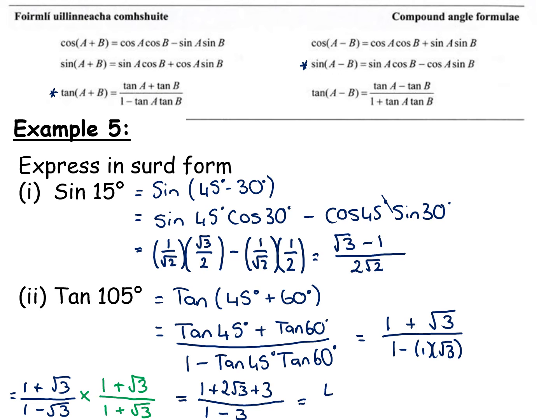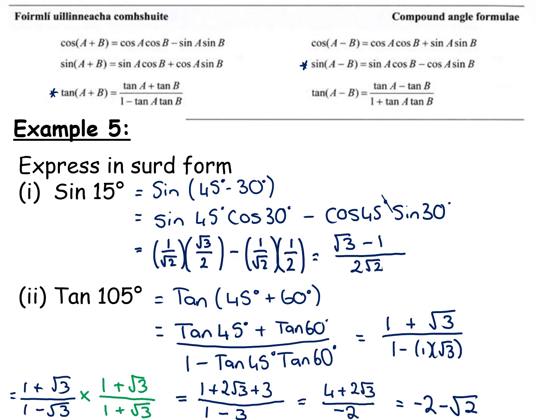Cleaning that up, we get 4 plus 2 root 3 all over minus 2. We can clean that up a bit. So divide minus 2 into both terms.